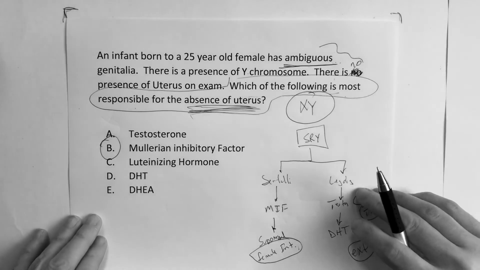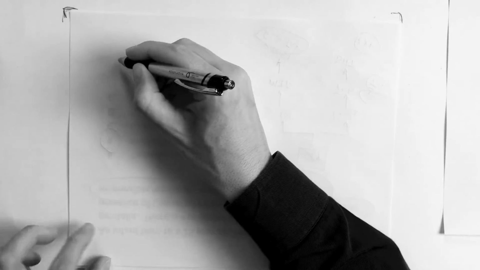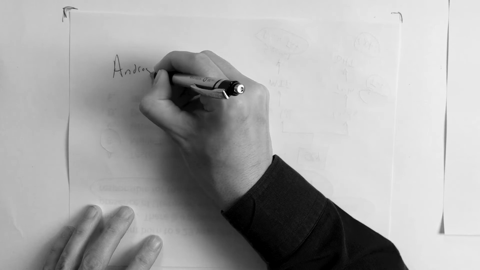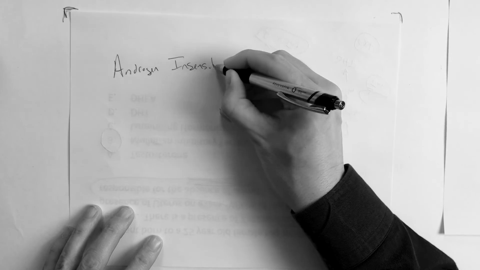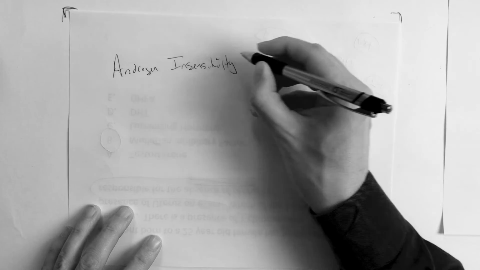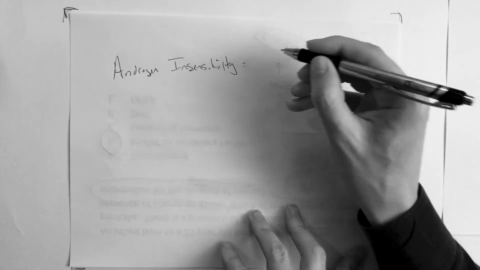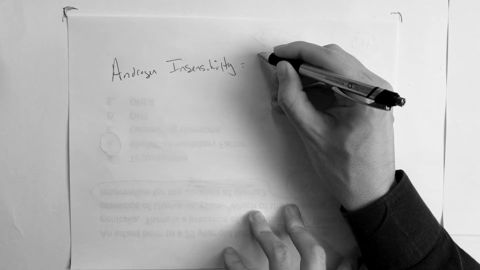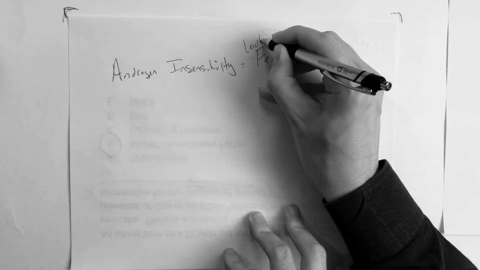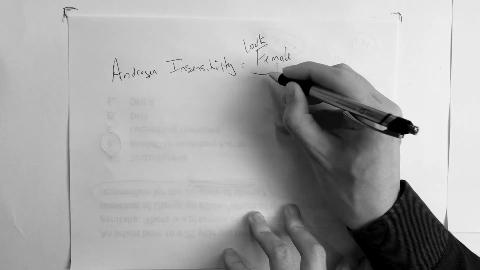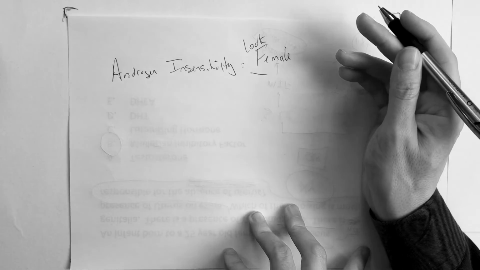Now, some other stuff that you just have to be aware of is androgen insensitivity. Basically their phenotype is that they look like a female, and then they don't have a cycle or something, and they finally go to the doctor.